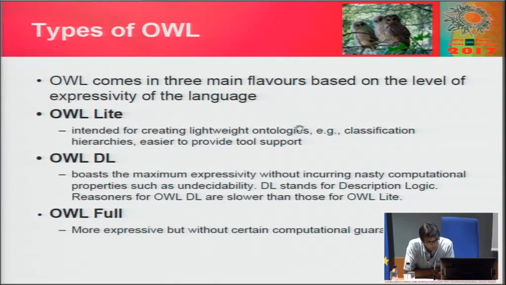DL in this case stands for description logic, and interestingly enough, OWL Lite and OWL DL are equivalent to 2 different description logics, which are SHIF(D) and SHOIN(D). Again, they're referred to in terms of this string of letters. Again, reasoners for OWL DL tend to be slower than those for OWL Lite.